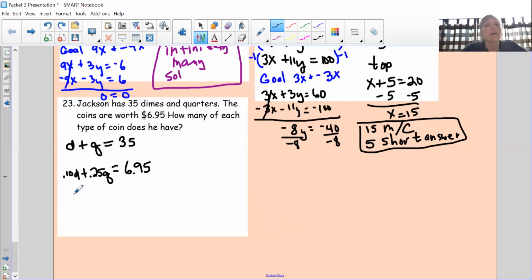Okay, let's make it look like that. So, AX plus BY equals C, AX plus BY equals C. So I'm going to eliminate, so I'm going to set a goal here. My goal, I'm going to make 10D and negative 10D, okay?